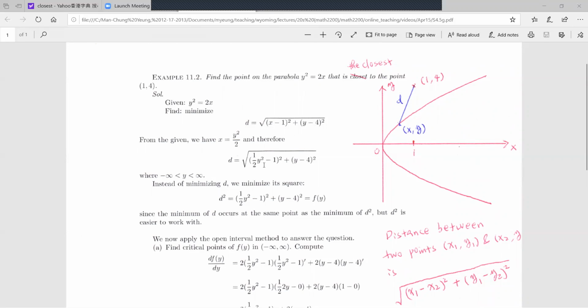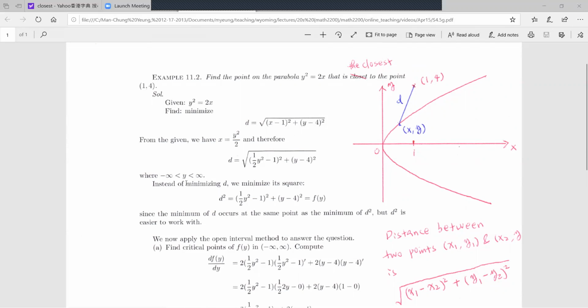Here, y is the independent variable. y is not a function. d is a function of y. d depends on y, but y is the independent variable. The range for y is from negative infinity to positive infinity. That means y can assume any number from negative infinity to positive infinity.